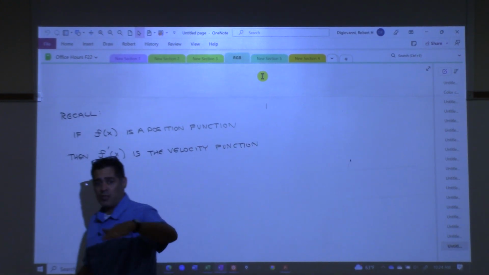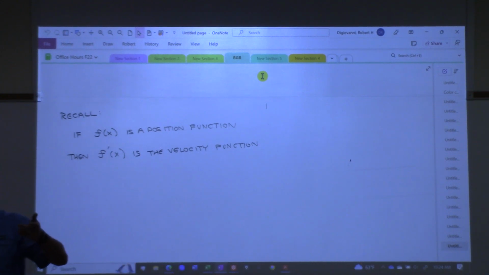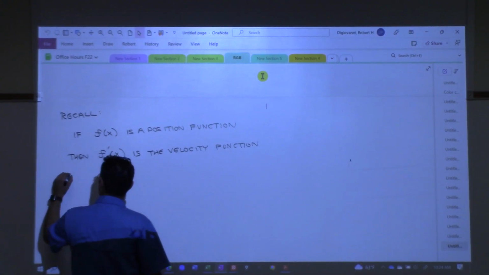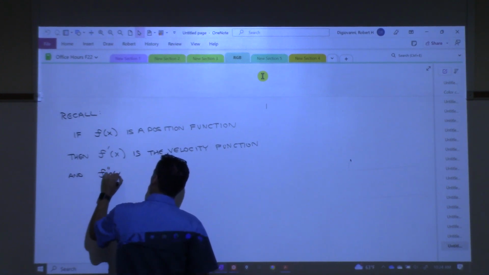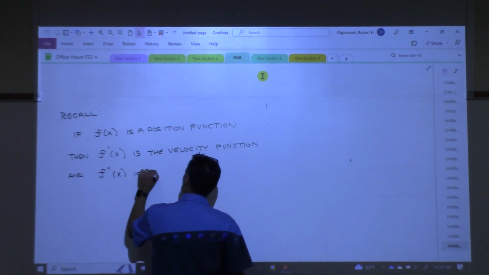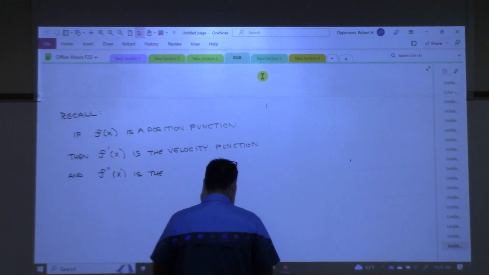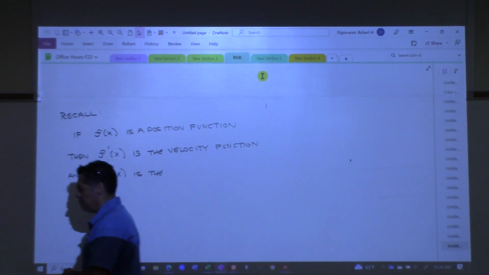Right? If we have a function that gives you position, then the derivative gives you the instantaneous rate of change, well, instantaneous speed, right? Slope of the tangent line was the speed of the object. And then the second derivative gives you what function? Y'all are looking at me like we didn't do this. Did we not do this?